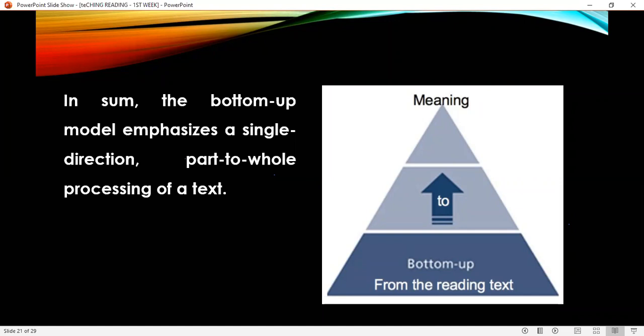Notice here that you go from bottom to the top, from a part to a whole. So you analyze the words, the letters, the symbols in order to get a meaning. This is the bottom-up point of view, or traditional theory of reading.